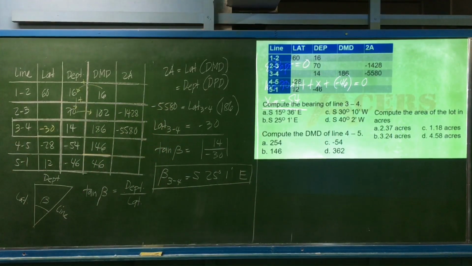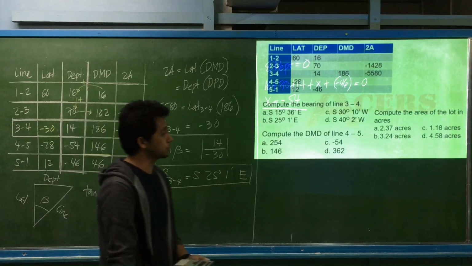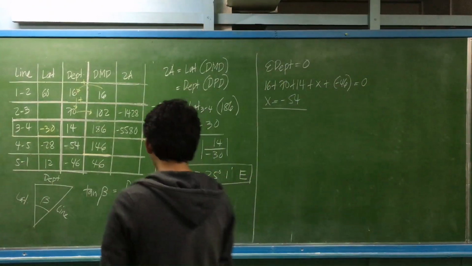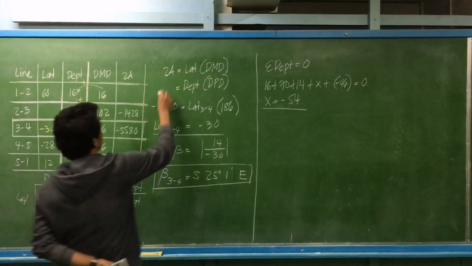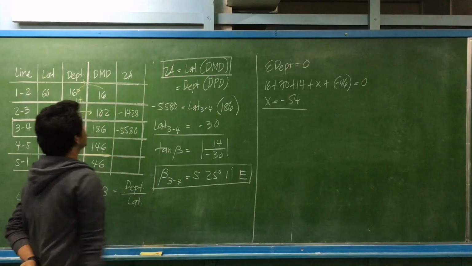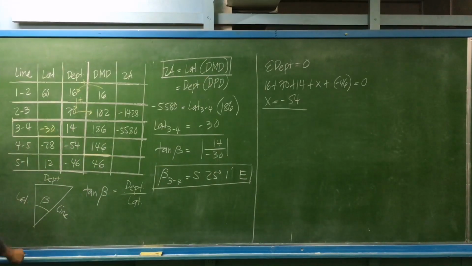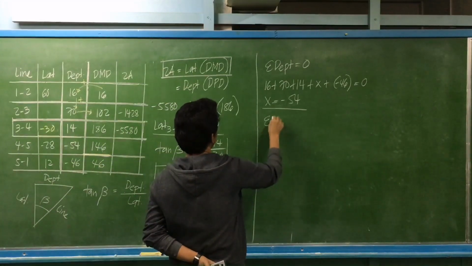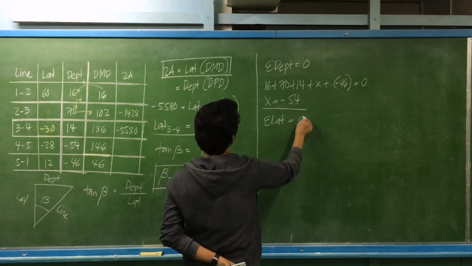Now we are required to compute for the area. So using this, we need the twice the area values. Again, what is the equivalent of twice the area? It is latitude times DMD. So, let's also get the last latitude here. Again, the summation of latitude should be equal to 0.